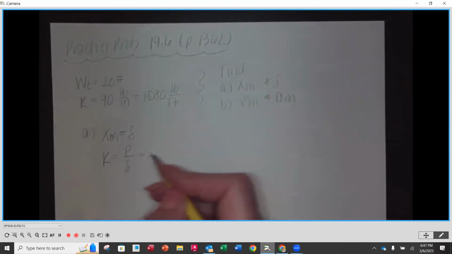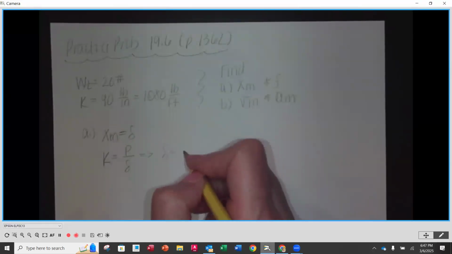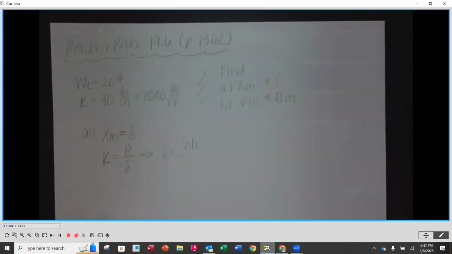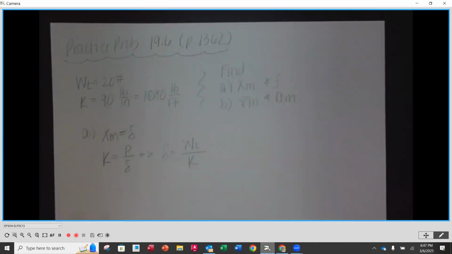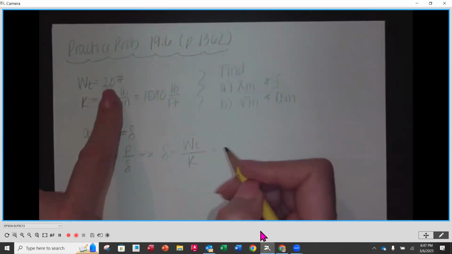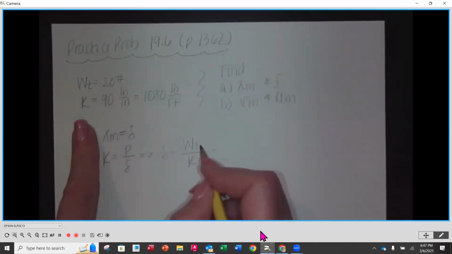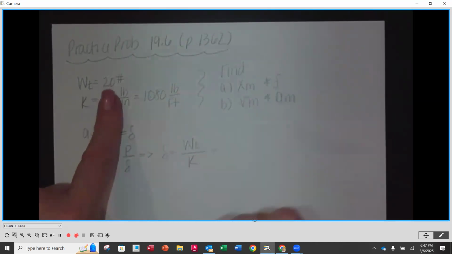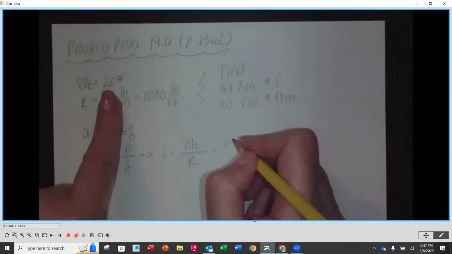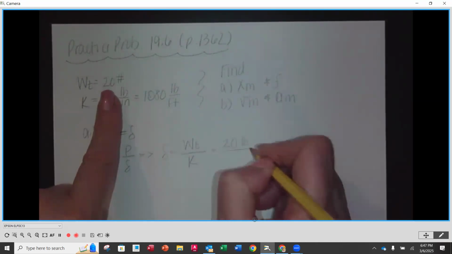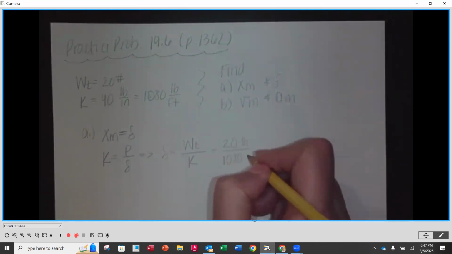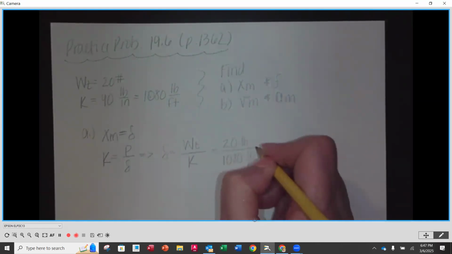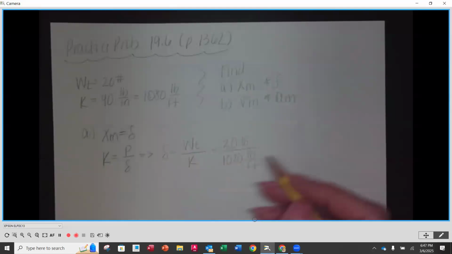We can rearrange this to solve for the deformation: it's equal to the weight divided by the spring rate. I substituted the weight for the force P because that's what's pulling the spring down. So this is 20 pounds divided by 1,080 pounds per foot. We cancel out the pounds.